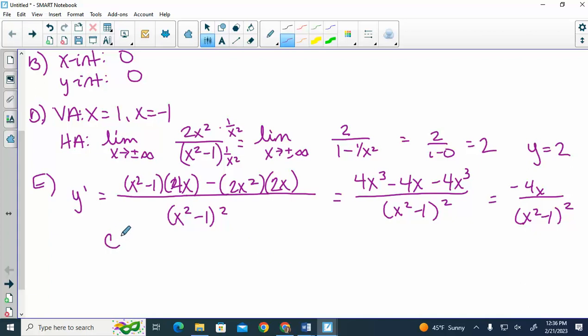Now critical points are anywhere the derivative is 0 or undefined. If we're looking at a fraction, it's really like saying what makes the top 0, what makes the bottom 0. So what makes the top 0? 0. And the bottom? Positive 1, negative 1. Okay. So when we do our sign line, those are the 3 numbers we have to use.